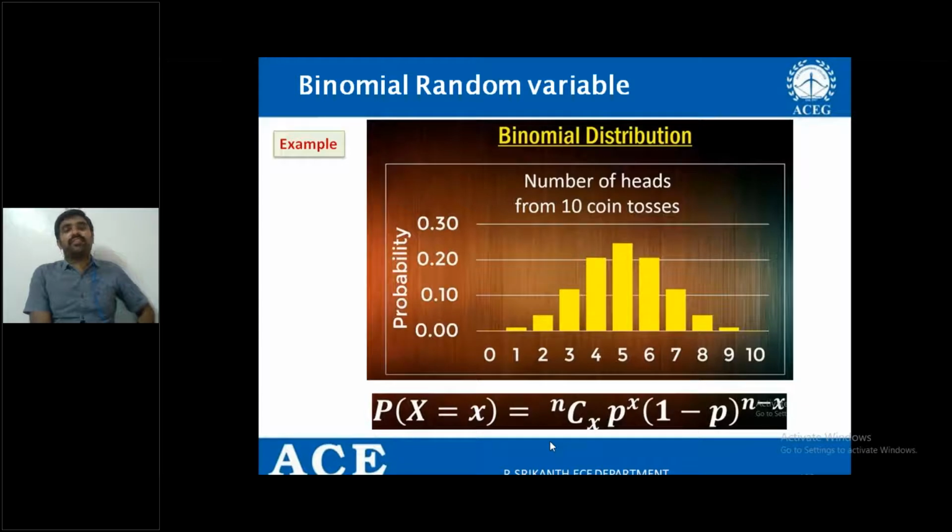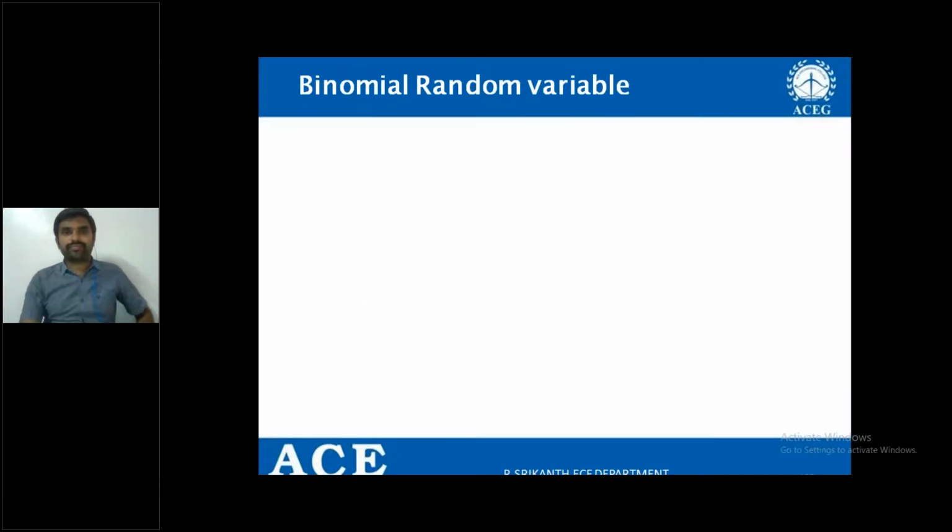P of x equal to, as per the definition of the binomial distribution, nCk or nCx into p^x into (1 minus p)^(n minus x), right? In the definition I have taken k, but here I can also write nCx into p^x into (1 minus p)^(n minus x). So it is the standard formula for finding the probability for a binomial random variable, right?